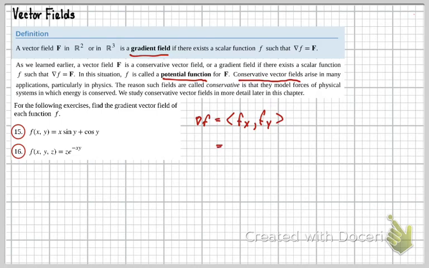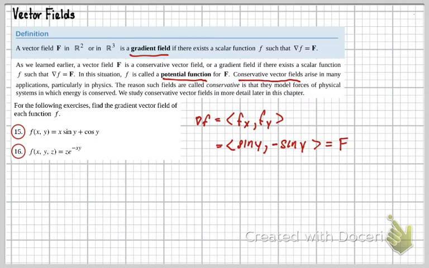So then this vector is going to be sine of y, comma, negative sine of y. This would be the new gradient vector field. So that's the first one. That's all we have to do here.